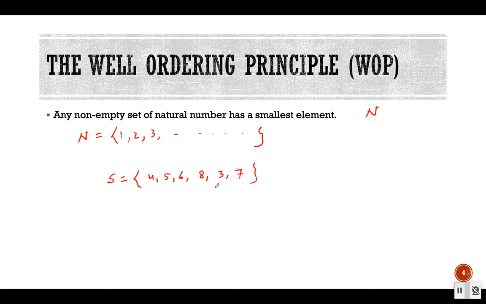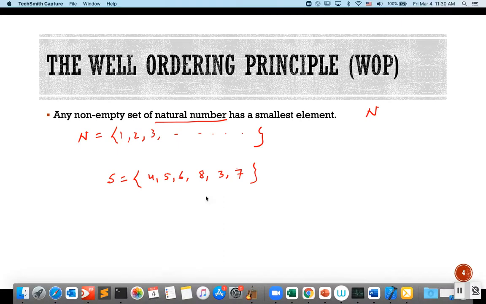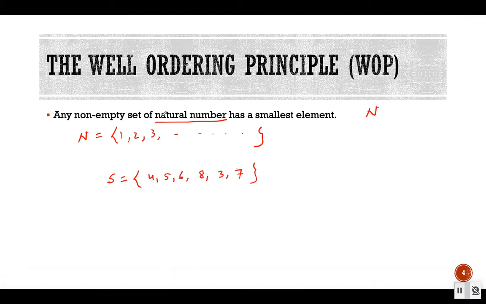So for any non-empty set of natural number, we are talking about natural number. Natural number means actually all positive integer. Okay, so in that case, if we have a set of natural number, there will be a smallest element.